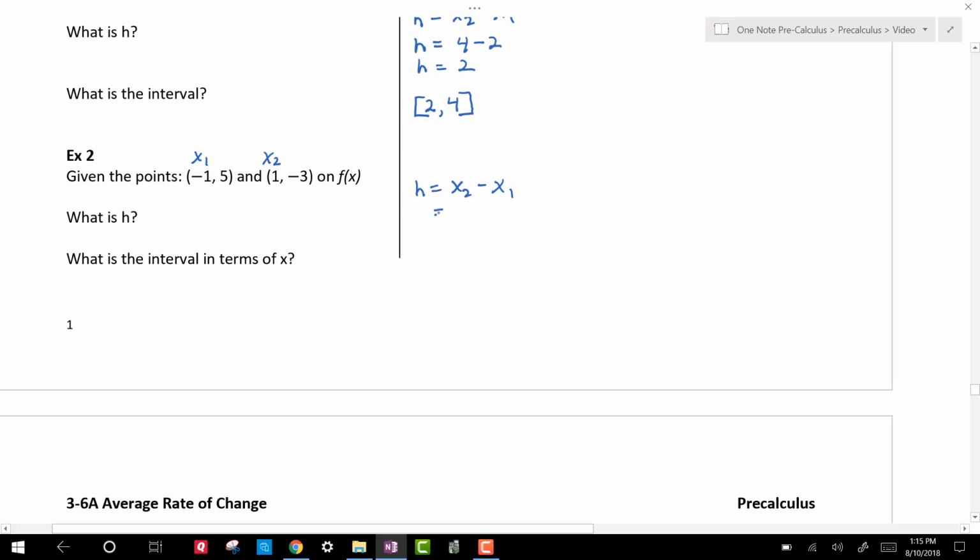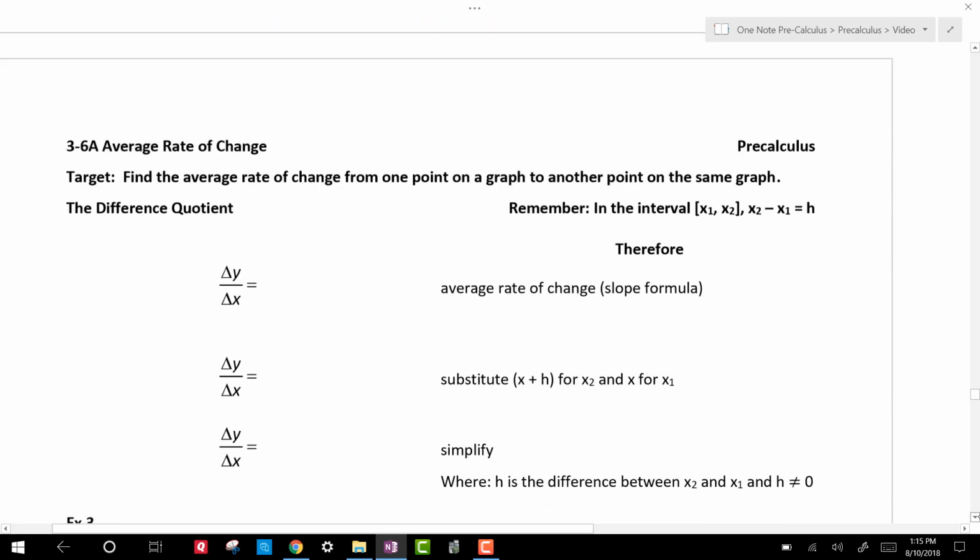If I do the subtraction, I get 1 take away -1, and I end up with an interval 2 units wide again. So h is equal to 2 in this case, and the interval in terms of x would be from -1 to 1. Hopefully that makes sense. Let's keep moving on and talk a little more about this.